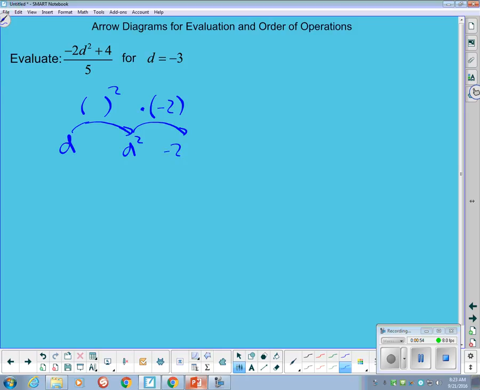That would give us -2d squared. And then we should be adding 4, and then dividing that by 5 should give the final expression.